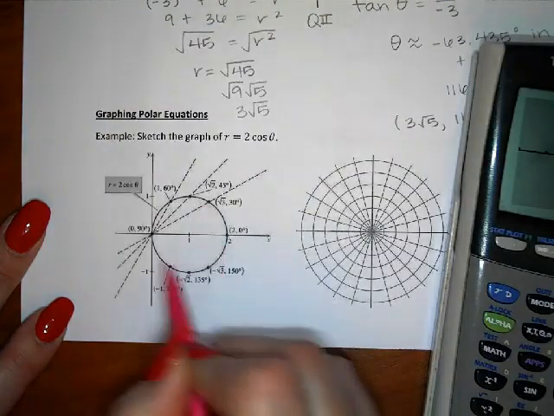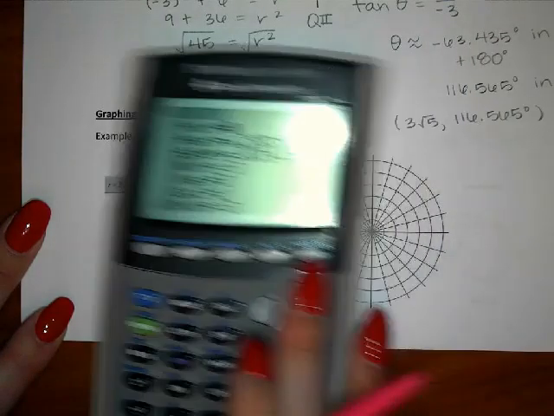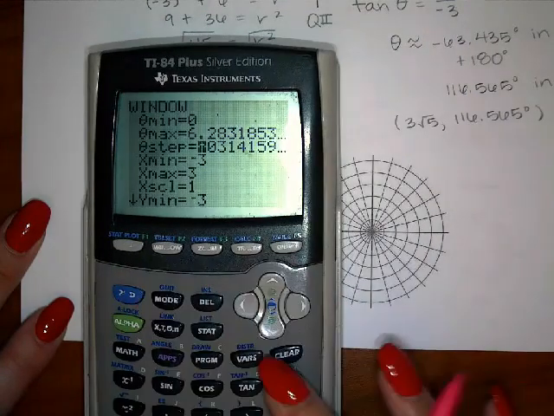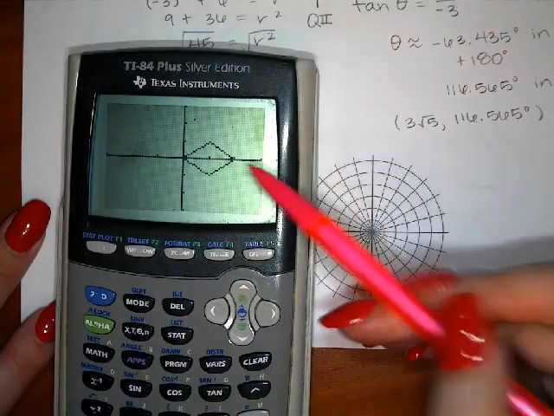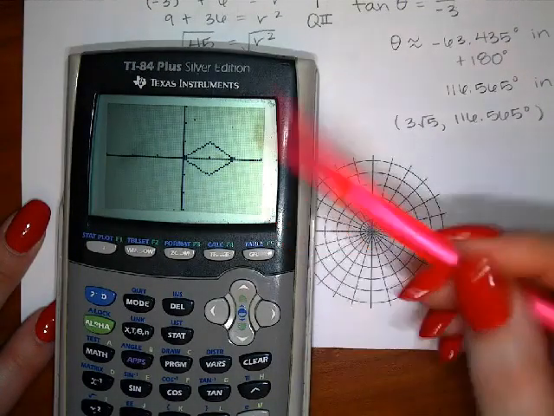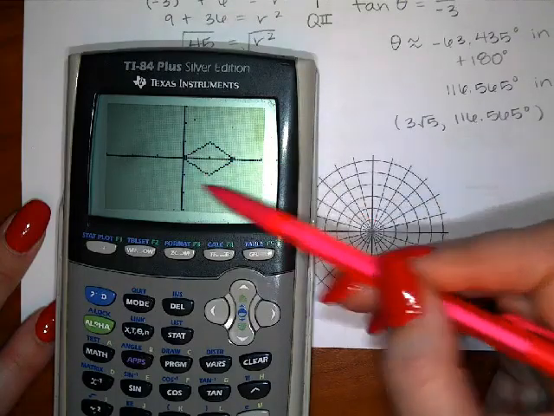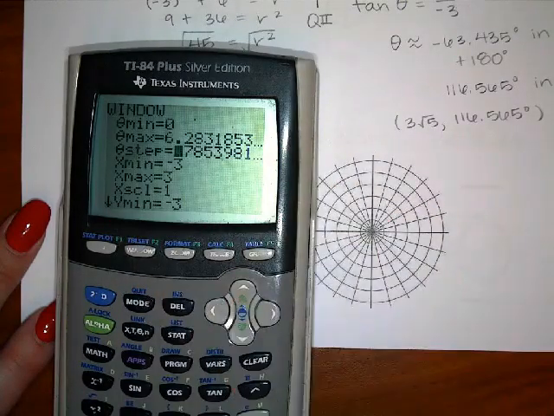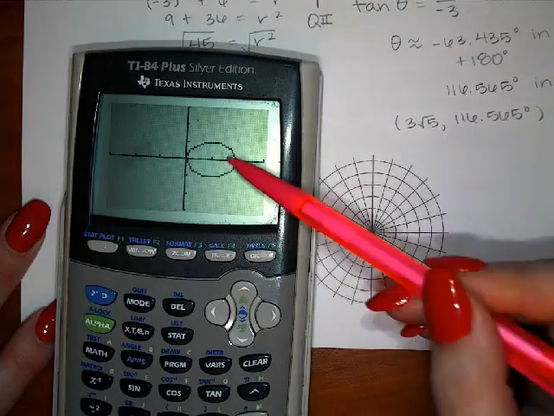I'm going to show you what happens. I did pi over 100. If I did pi over 4, it did not make a circle. That's just because it's putting the points further apart, and so the graph is becoming pixelated. If I do pi over 10, it gets a little bit better, but it's not quite as round, and you notice that it graphed it pretty fast.